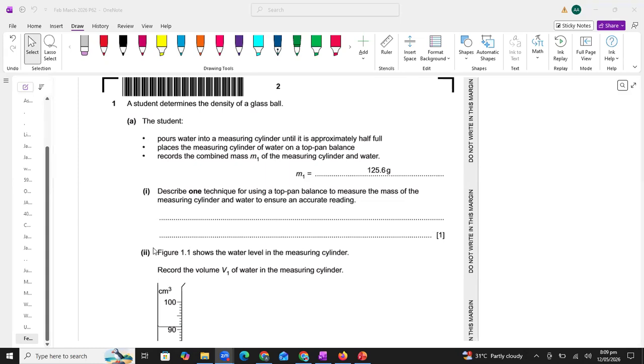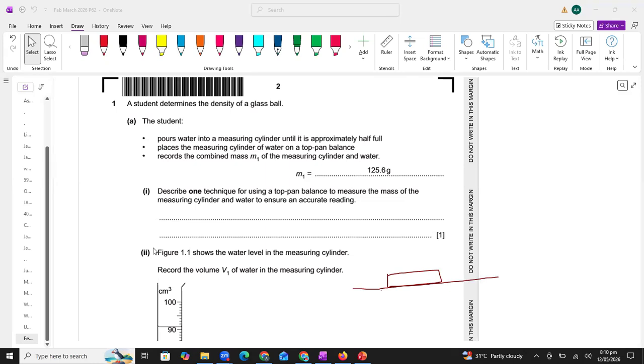So basically, in this question, they are asking how we can measure an accurate reading with the help of a top pan balance. Do you have any idea, students, how we can ensure that the reading is accurate? Suppose that this is a pan balance placed on a horizontal surface.